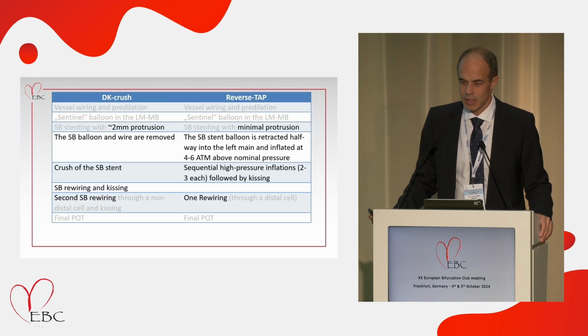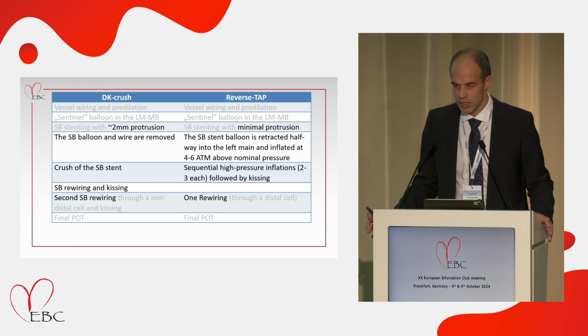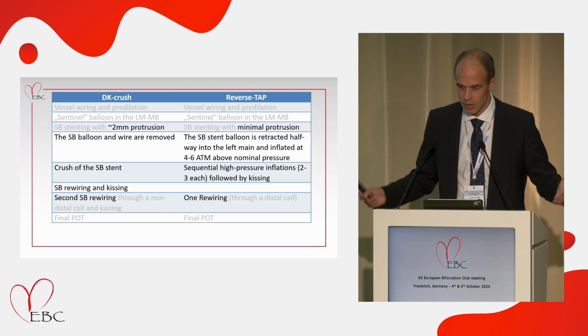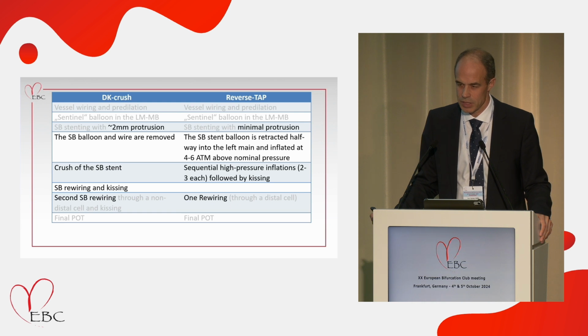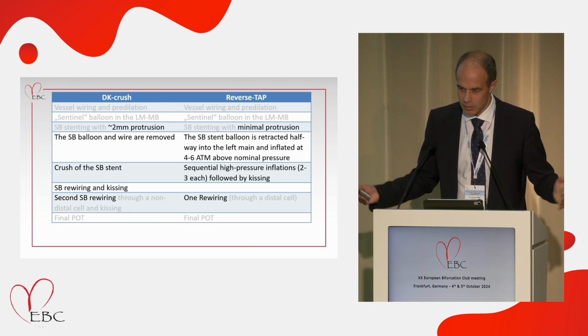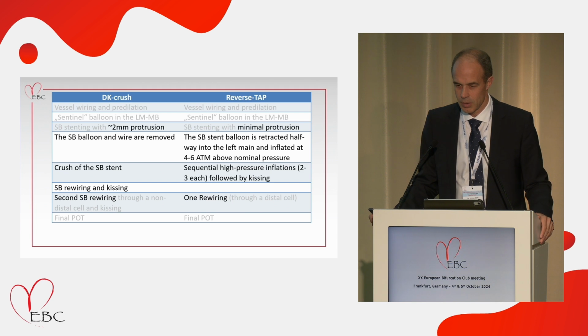This slide summarizes the differences between DK crush and what I call reverse TAP, and we can discuss again about the semantics. DK crush would require at least a 2 millimeters protrusion, sometimes a little bit more depending on the angle of the bifurcation. Reverse TAP will require no protrusion or very, very minimal protrusion.